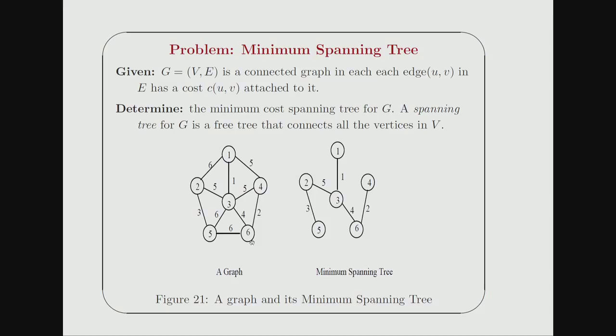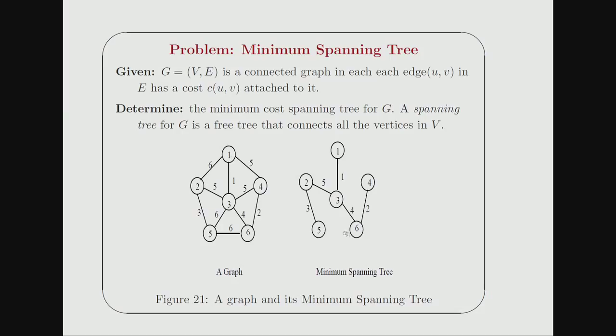Now when we look at it here, you find 6 is connected to the vertex 4 with a weight of 2, 6 is connected to 5 with a weight of 6, and 3 is connected to 2 with 5, 3 is connected to 4 with 5, and 1 is connected to 2 with 6.